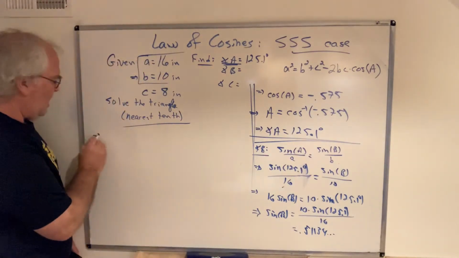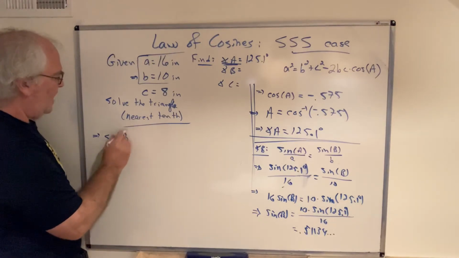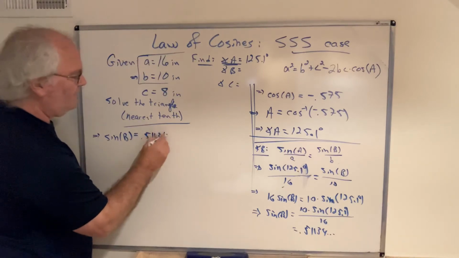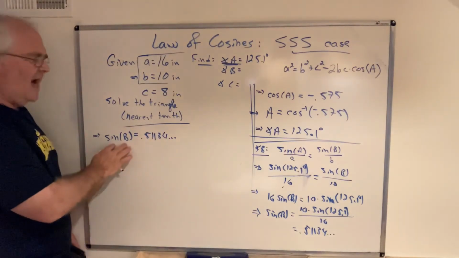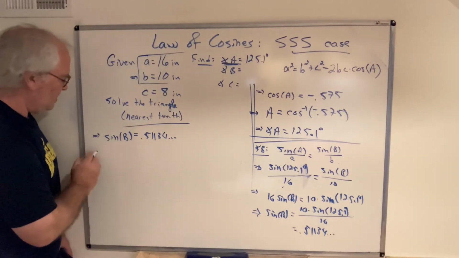So let me just copy what I have there. Sine of angle B is equal to 0.51134, and so on. Take sine inverse of both sides this time. Sine inverse gets rid of the sine function.